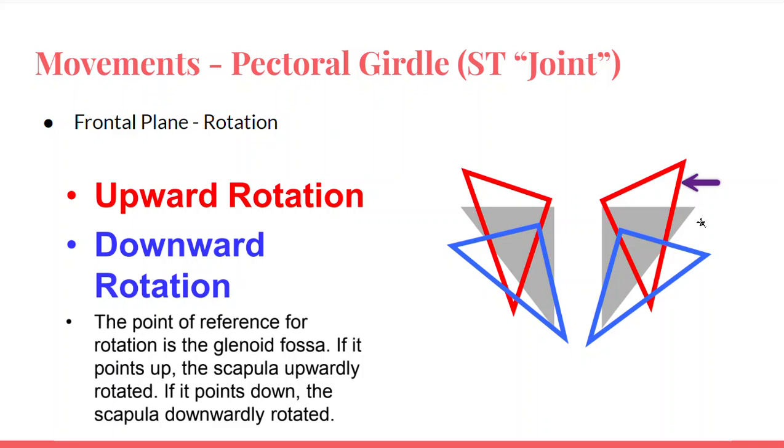Red is upward rotation and blue is downward rotation. The point of reference for this type of rotation is the glenoid fossa. If the glenoid fossa points up or starts to rotate up, it is upward rotation. If the glenoid fossa is pointing downward, it is downward rotation.